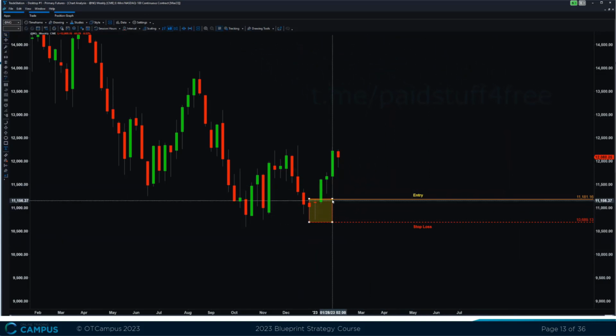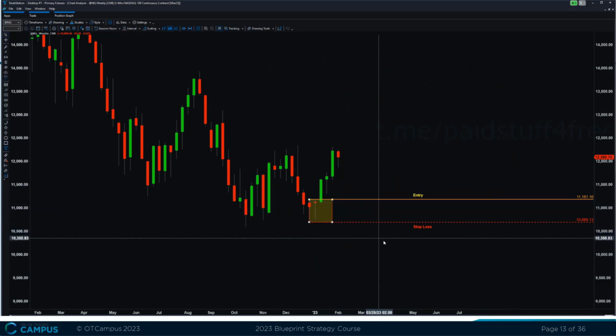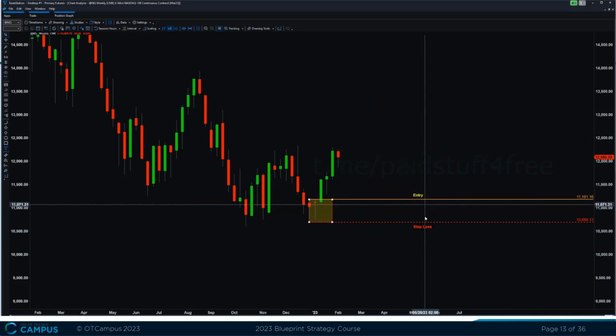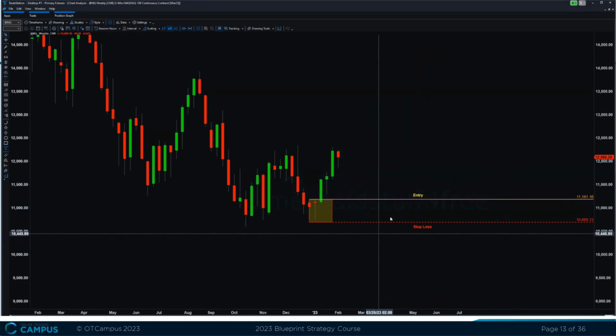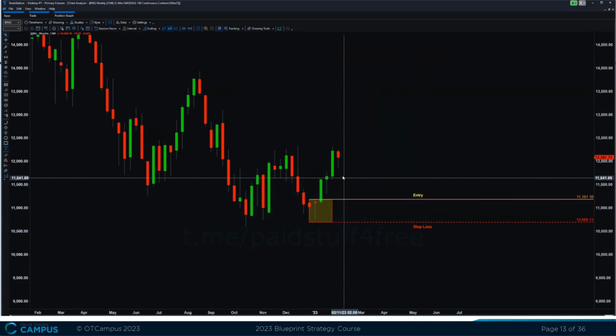So what we now have is a predefined entry and a predefined stop loss. That means I can enter a trade with a predefined risk.